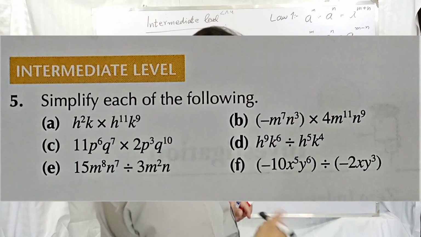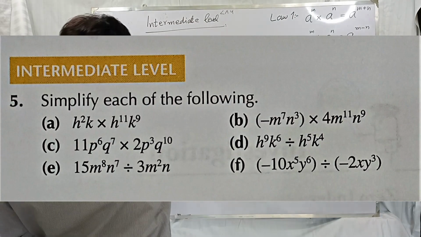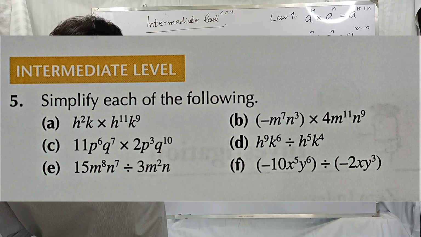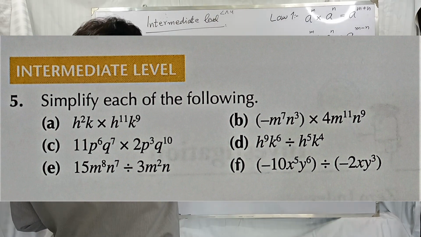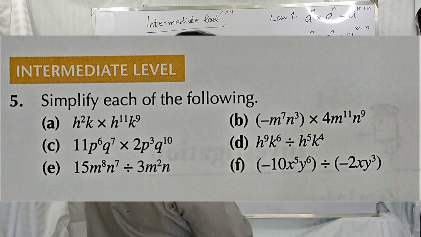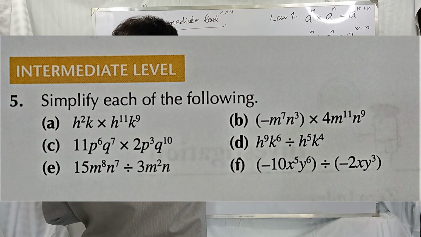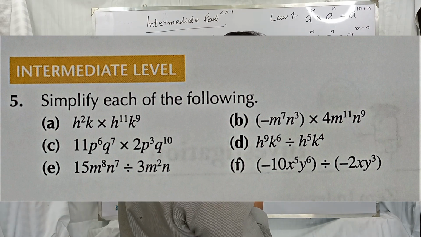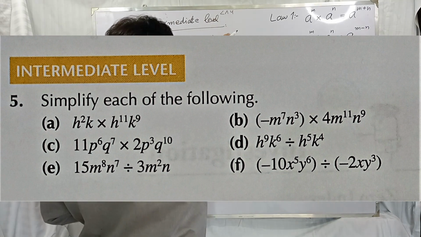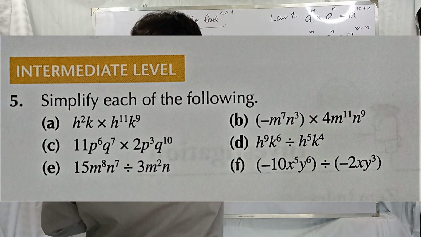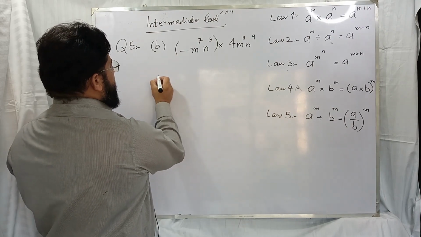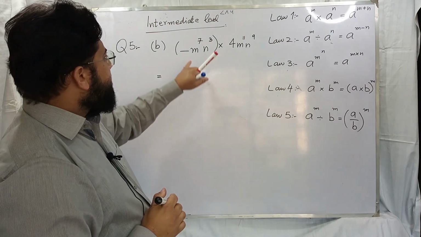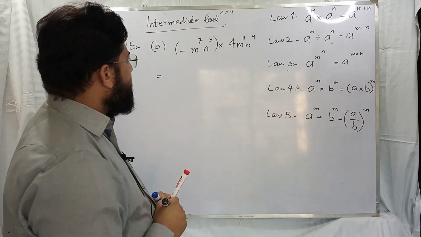Move to the next part. Next part says minus m to the power 7 n cube multiply by 4 m to the power 11 n to the power 9. This question is a bit different because there is a negative sign here, but no problem.